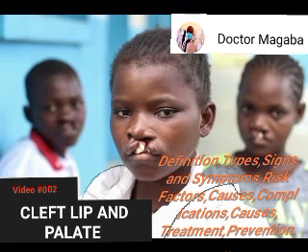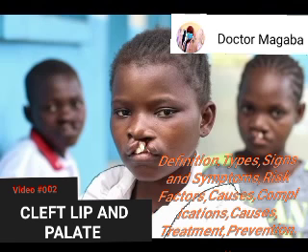To start with, there is difficulty feeding. This is one of the most immediate concerns after birth. Feeding is very important, and it becomes a concern when the child has cleft lip and palate.